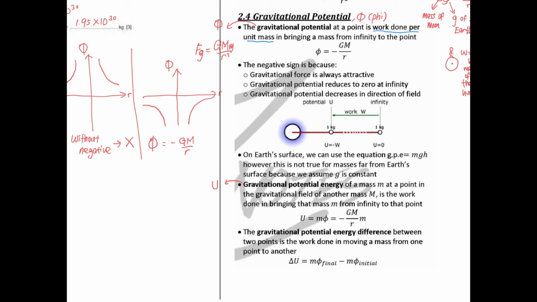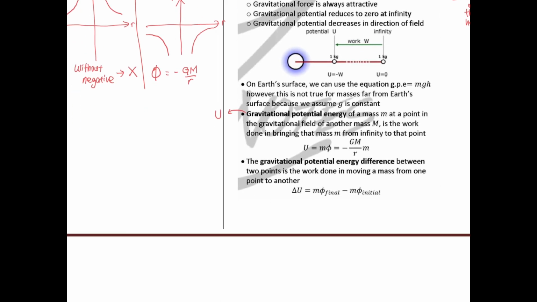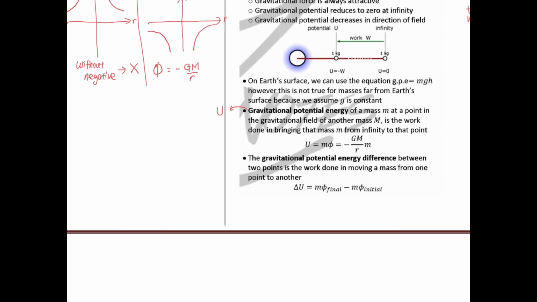Okay, now next point. You can see here the gravitational potential energy difference between 2 points is the work done in moving a mass from one point to another. So that means it's not from infinity to a point anymore.